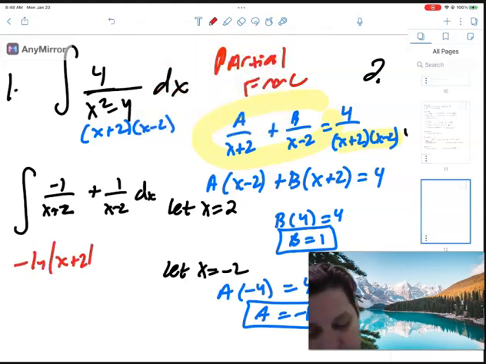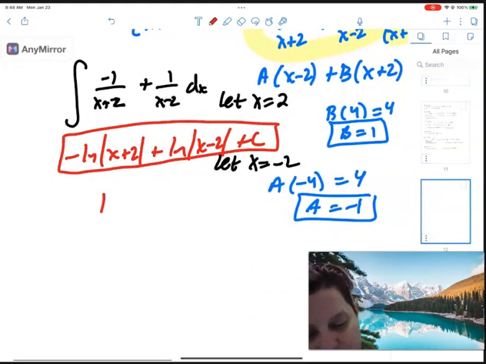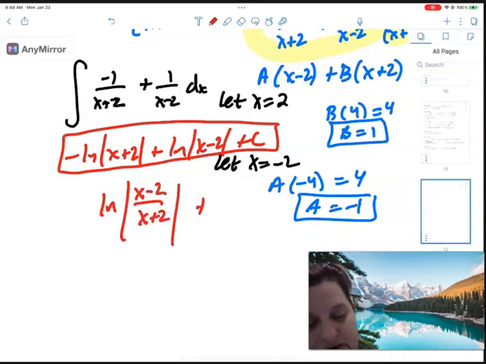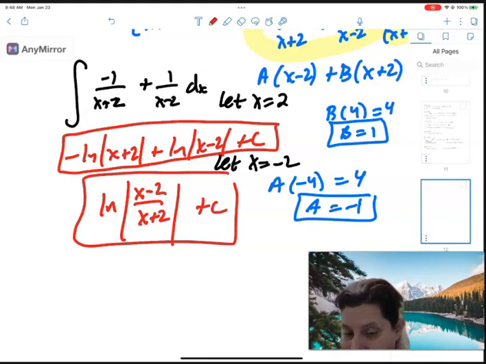Negative ln of x plus 2, positive ln of x minus 2, plus C. Remember, I told you on a multiple choice question, they might actually just put this together and put (x minus 2) over (x plus 2), because when you're subtracting 2 ln's, you're actually dividing. Okay? Let's see.